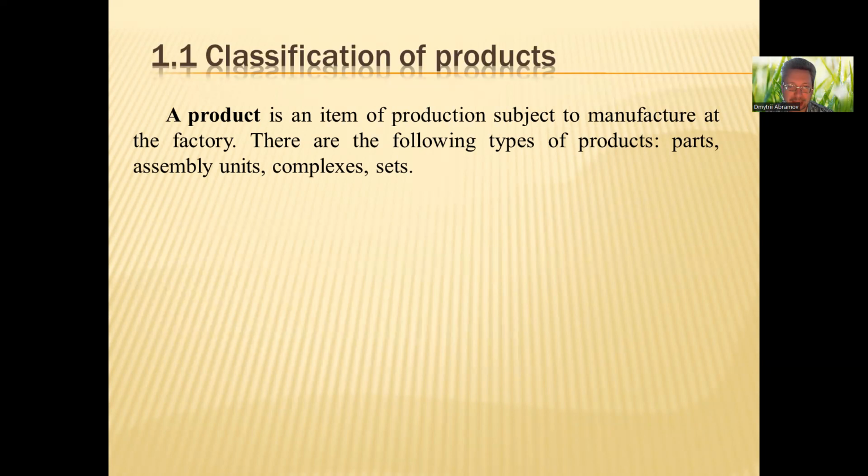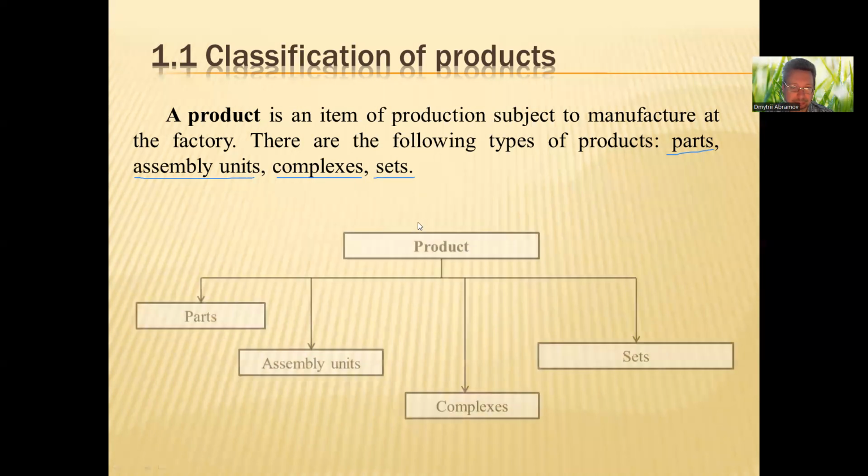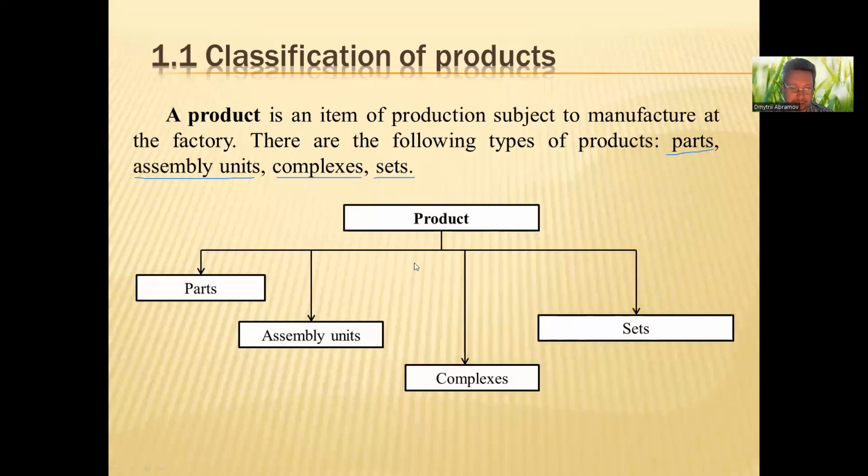There are the following types of products: parts, assembly units, complexes, and sets. And you can see the scheme of the classification of products. Write down in your notes this scheme, these types of products.